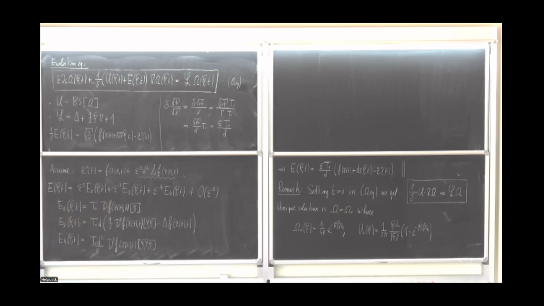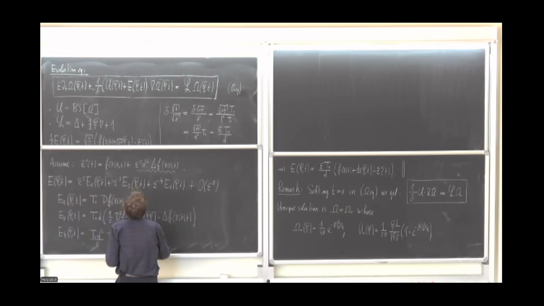So if you follow this calculation a little bit, we can just conclude that this is completely straightforward. I'm doing just basic expansion of the various quantities. I have in my equation a term E of psi, t, which can be expanded in epsilon. So I look for a solution which itself is expanded in epsilon. So I do the most basic thing. I mean, this is obviously what you have to do.